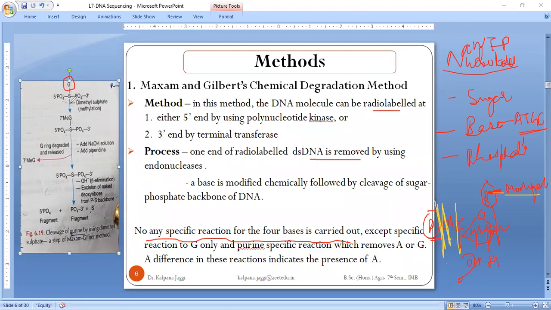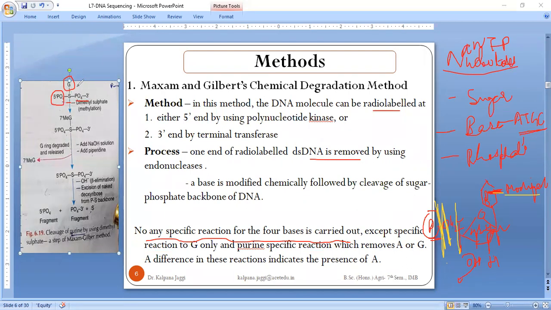So this is the base. Here they have not demonstrated the whole structure as I have described here. They have simply written like this is a sugar, this is a base, and this is phosphate. And even at this 3' end there is again going to be the presence of phosphate.